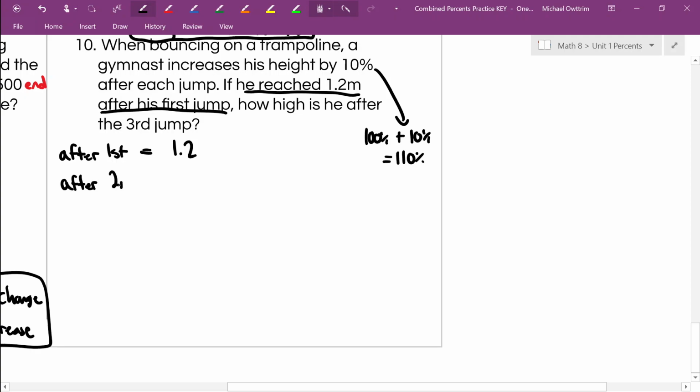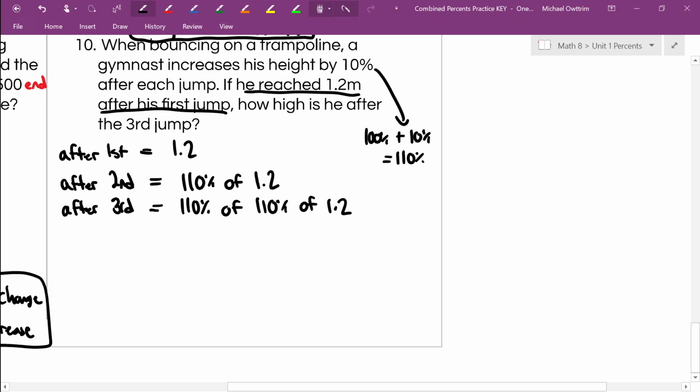After the second jump will be 110% of the first jump, and the first jump itself was 1.2 meters. So after the third jump, we'll have a grand increase by 110% from our second jump, and this is a calculation we can now do.